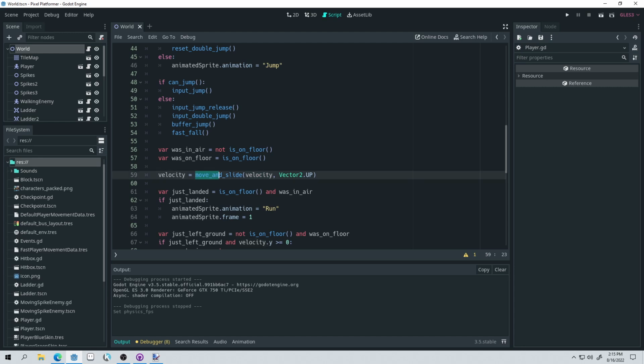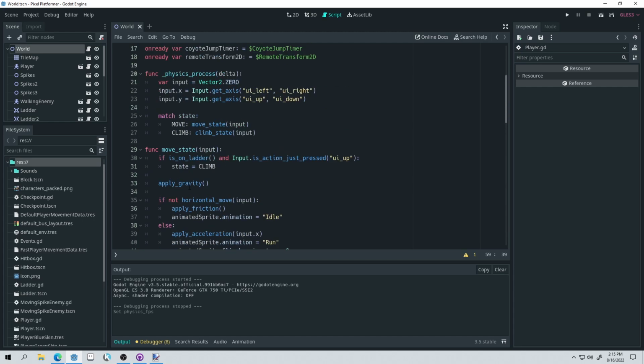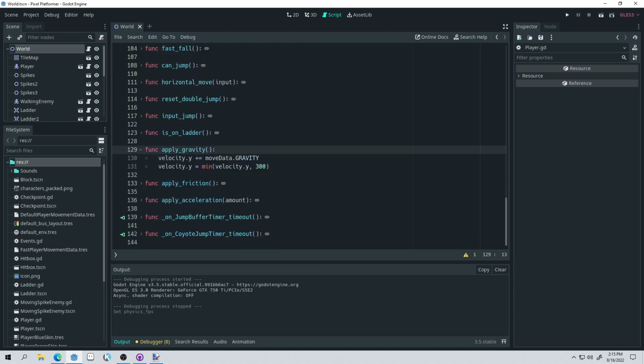However, since move and slide already does that for us, we don't need to multiply our velocity by delta. But our gravity is actually our change in velocity over time. So we're two levels deep. Velocity is our change in position over time, and our gravity is our change in velocity over time. Okay, so we do need to multiply our gravity by delta.